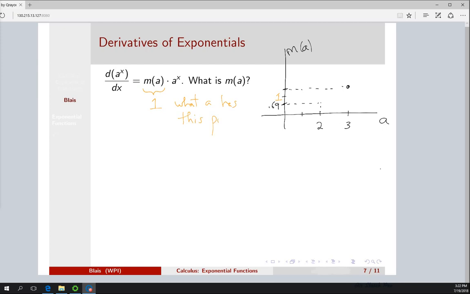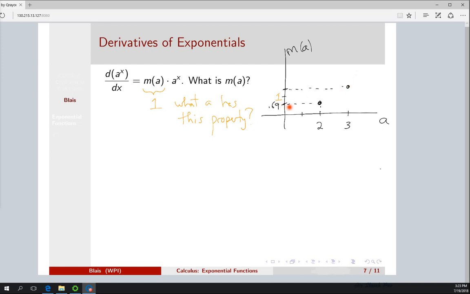So what a has this property? If this is equal to 1, then this would be a function whose derivative is itself. And it turns out that with our graph here, we have a continuous function here, m of a, which we'll talk about later in the course.